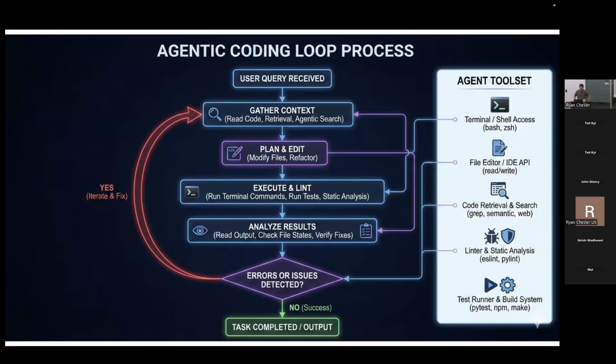Yeah. So one thing to think about is, in your typical LLM interaction before this, the reason that we call this a loop is you would go to the LLM, you ask it a question, it returns something back to you, and then that's it. If you want to continue to more steps, you have to type something else in and say, okay, now do this, now do that. So with the agentic coding loop, it can basically say, I'm having a conversation with the user, but then I received this query.